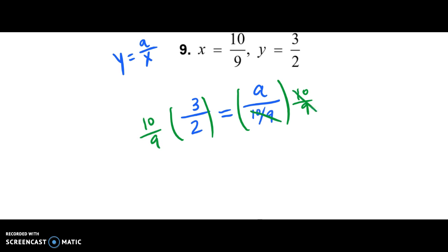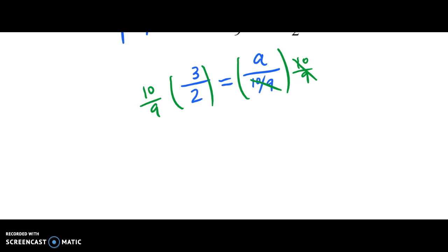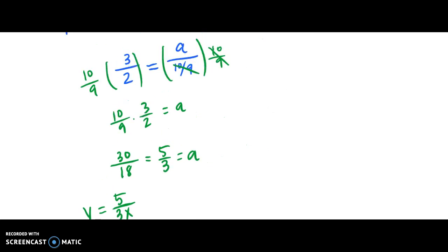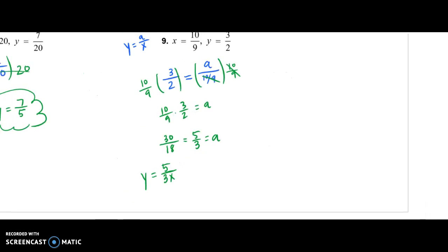This is going to cancel out with this, and we're left with 10 over 9 times 3 over 2 equals a. 10 times 3 is 30. 9 times 2 is 18. That reduces down to 5 over 3, and that is what a is.